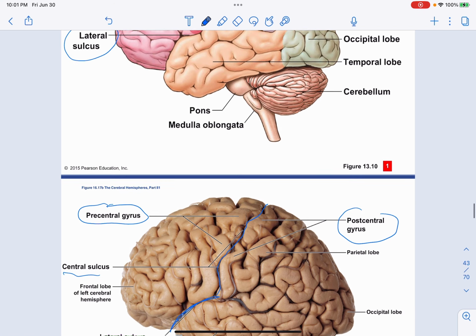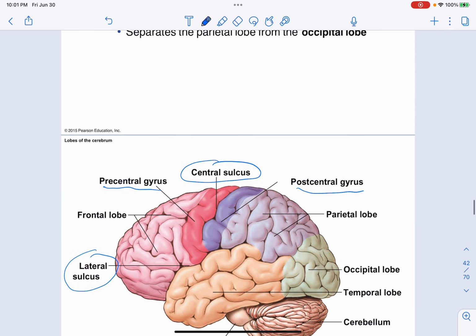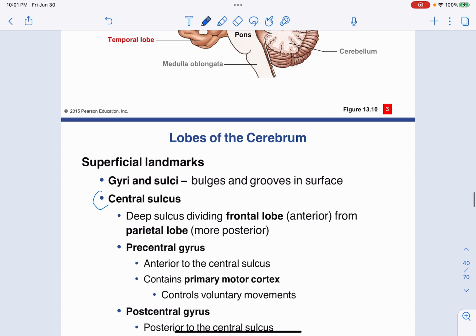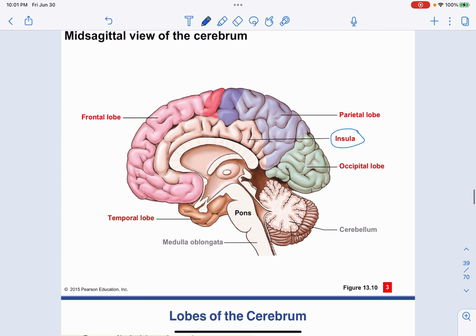I want to take you back one more time, and I apologize for all the movement going on here. I want to take you back to this slide and point out one other structure, right here, called the corpus callosum.